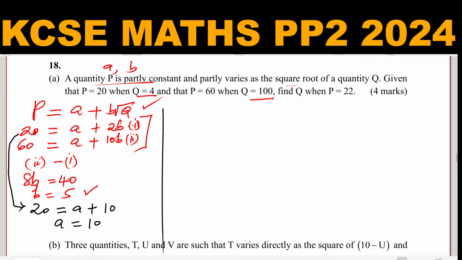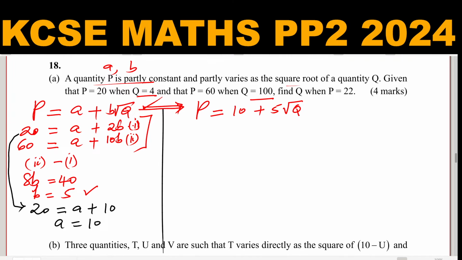So having that, it is now possible to write the equation. P is equal to A, which is 10, plus B, which is 5, times the square root of Q. That is the equation connecting P and Q with the constants there.